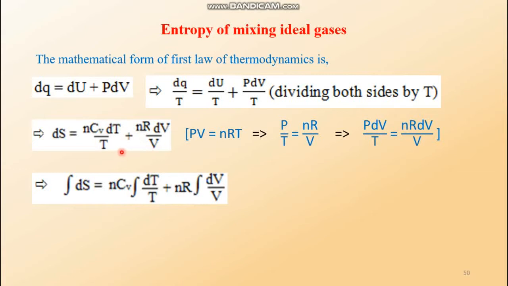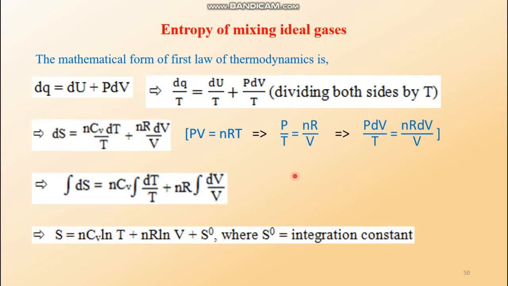So in the right hand side we get nCv integration dT by T plus nR integration dV by V. Since no limit is given, some integration constant must come out, and this integration constant is written as S0.